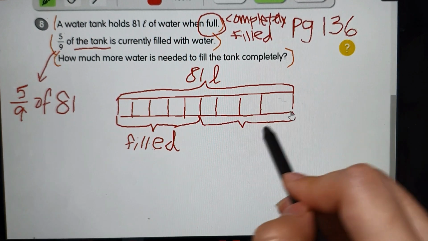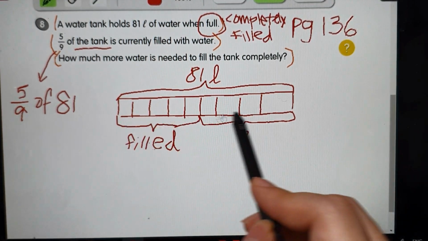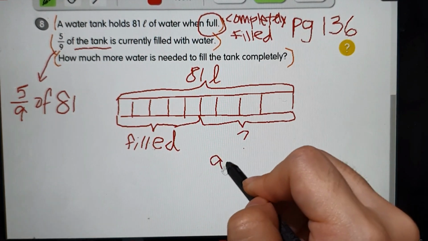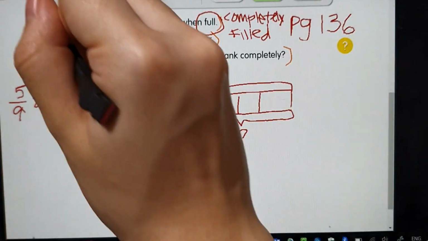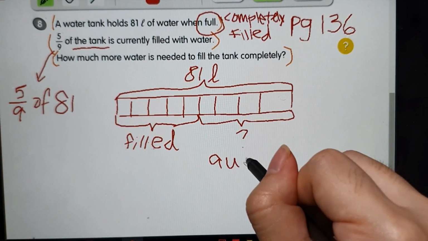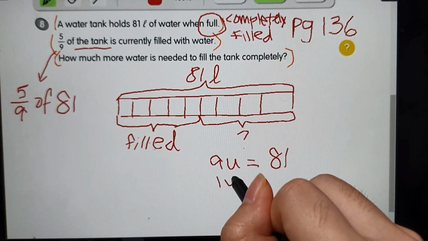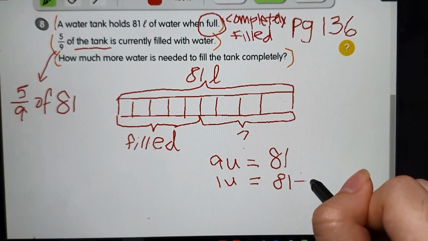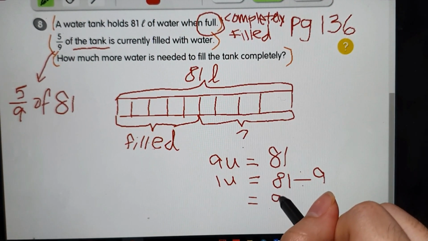So this is where you draw your question mark. So from this model, it clearly shows you that 9 units here represents 81 liters. So I know that 9 units represents 81. So I can move on to find 1 unit, which is actually 81 divided by 9, which would give me 9 liters.